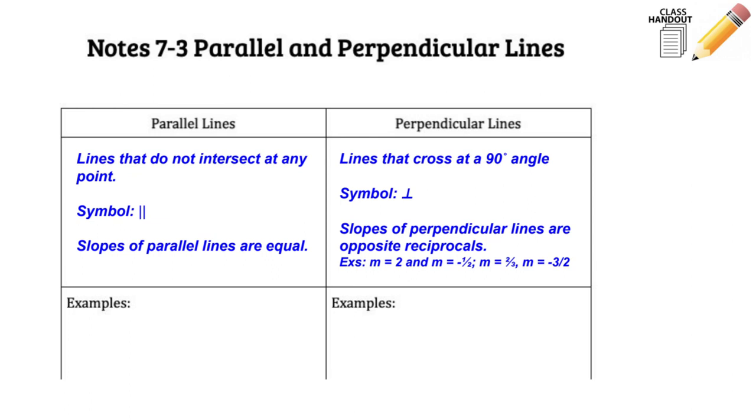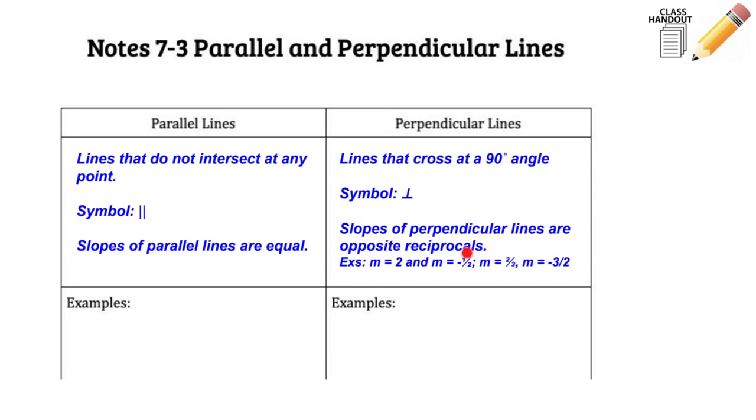Perpendicular lines are lines that cross at a 90-degree angle. The symbol that we use for perpendicular lines, again, it's kind of like parallel lines. It looks like perpendicular lines. So we have two lines crossing at a 90-degree angle. The slopes of perpendicular lines are what we call opposite reciprocals. So when I say opposite, I mean if one is positive, the other is negative, or vice versa.